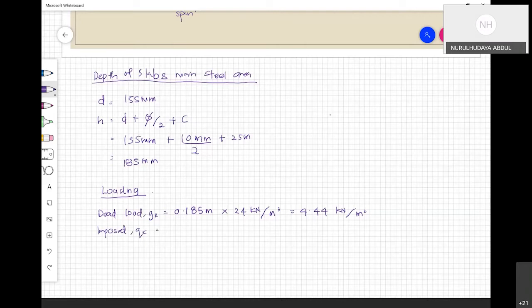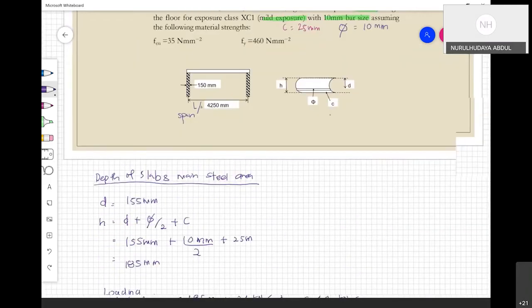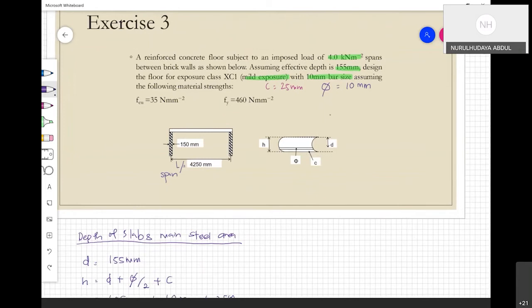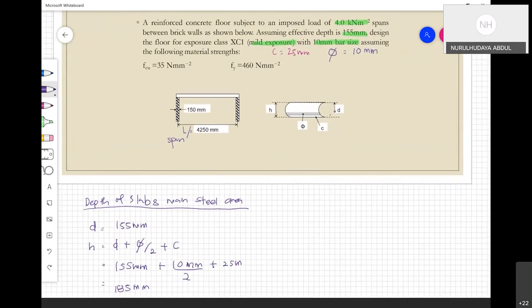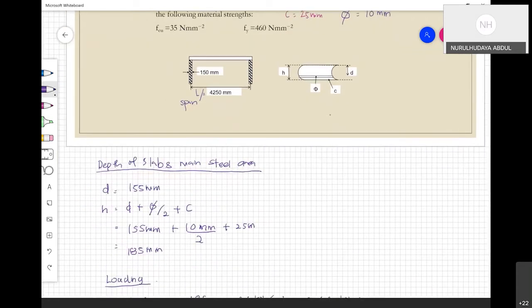Kita punya imposed load, our imposed load is given dalam soalan 4 kilonewton per meter square. Okay, meter negatif 2 ni maksudnya per meter square. Itu maksud dia.